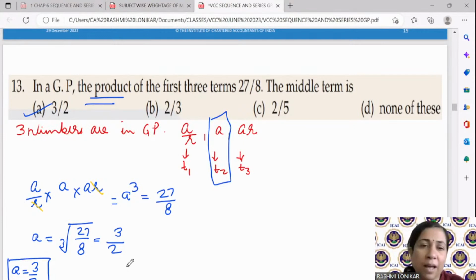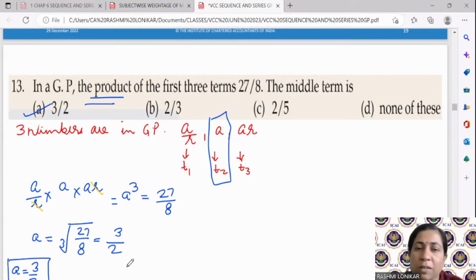I can't have one equation and two unknowns. So I have to eliminate one unknown so that I have only one equation and one unknown, and that I can solve, right? So that is why we are doing this. So I took the three numbers A by R, A and AR, and I solved it to find the value of A. And here they don't even want the series, they just want the middle number.